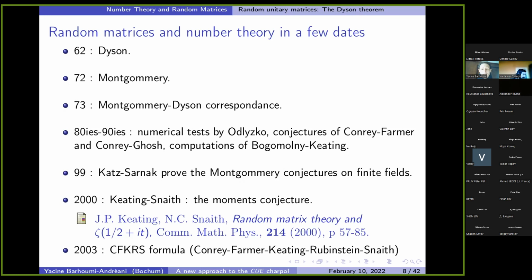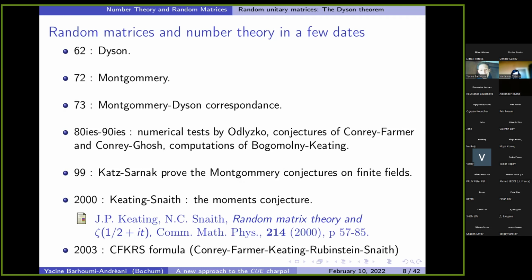So, for instance, the Riemann hypothesis was proven by Deligne. You have the Hilbert-Polya conjecture that says that the Riemann zeta function would be the characteristic polynomial of some operator. This was proven by Grothendieck over finite fields. So you can do computations over finite fields. This is what Katz and Sarnak did in 99.